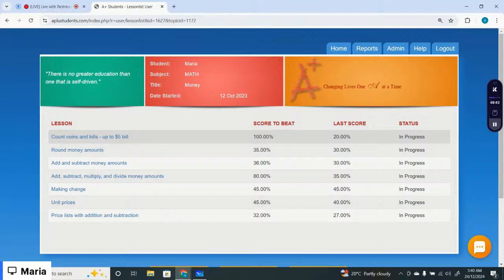The lessons we have covered today are count coins and bills up to $5, round money amounts, add and subtract money amounts, add, subtract, multiply, and divide money amounts. So please make sure before the next session you complete all the practice questions for the lessons we just did. That is your homework until the next session.